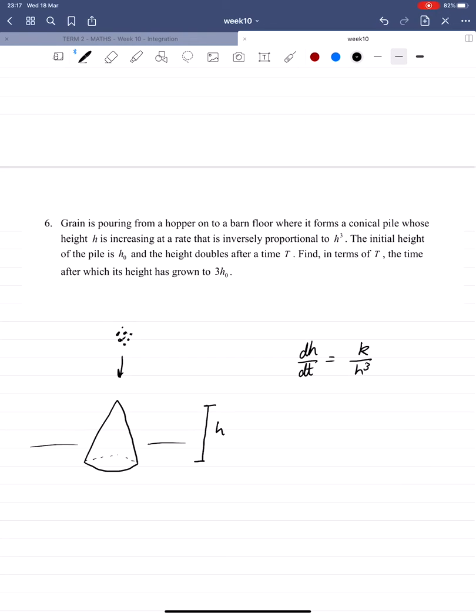The initial height, so h at t equal to 0, is equal to h0. Oh, okay. And the height doubles after a time t. That means that when the time is equal to t, the height has doubled, so it's become 2h0. Find in terms of that doubling time t, the time after which it has grown to 3h0.